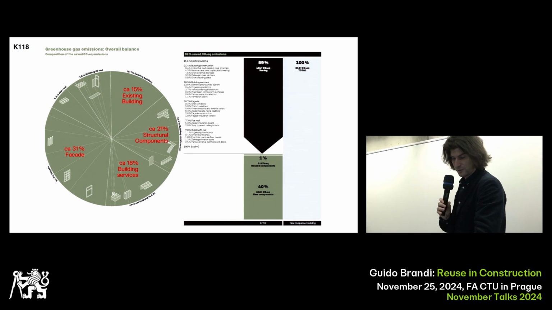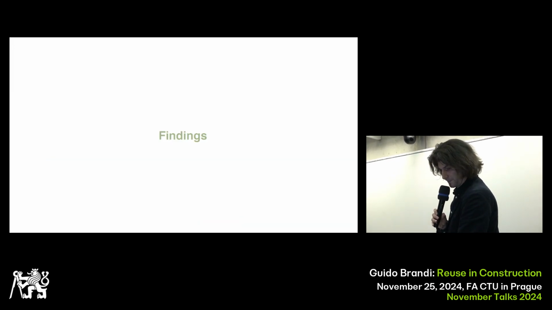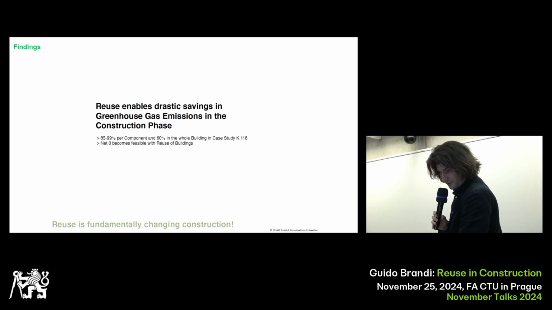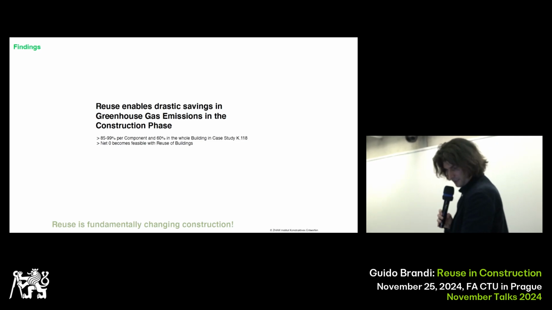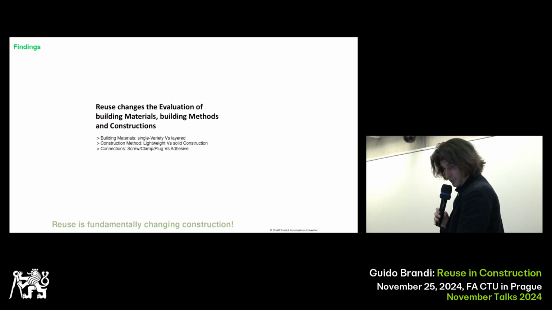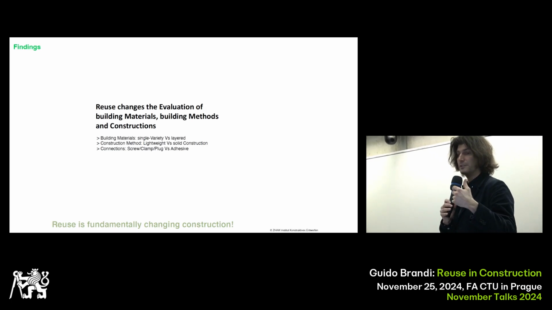The reuse of building elements as they are is a really effective strategy. So, some findings. Reuse enables drastic savings in greenhouse gas emissions. Reuse changes the evaluation of building materials.